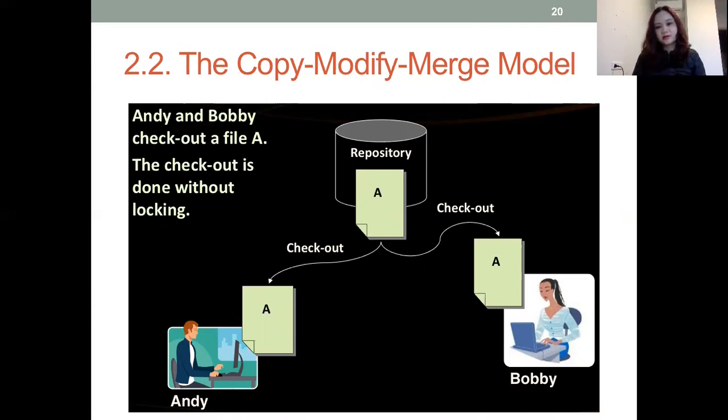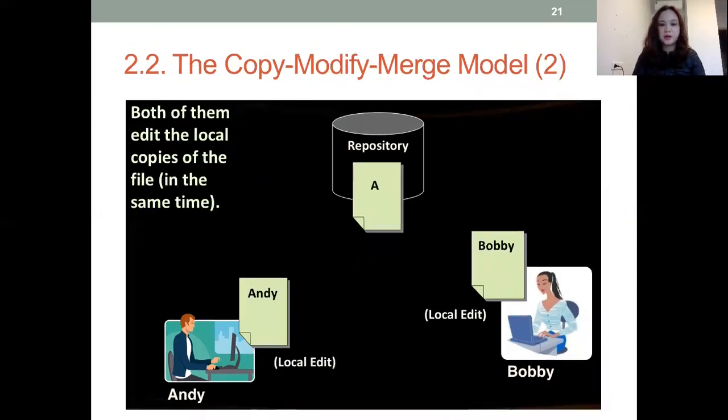Okay, so let's look at this model. Still the same: Andy and Bobby check out resource A from the common repository to their local copy in their workspace.